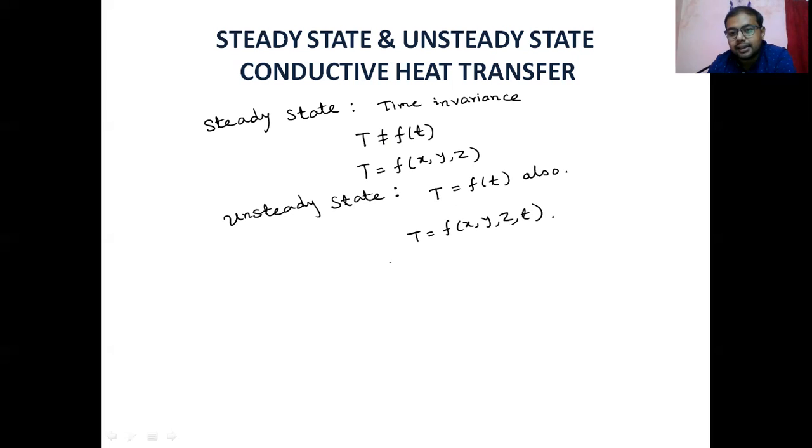So temperature having how many gradients? del T varying with x, del T varying with y, del T varying with z, and del T varying with t. This is the unsteady problem. Steady problem, unsteady problem, two kinds of conductive heat transfer we are considering.